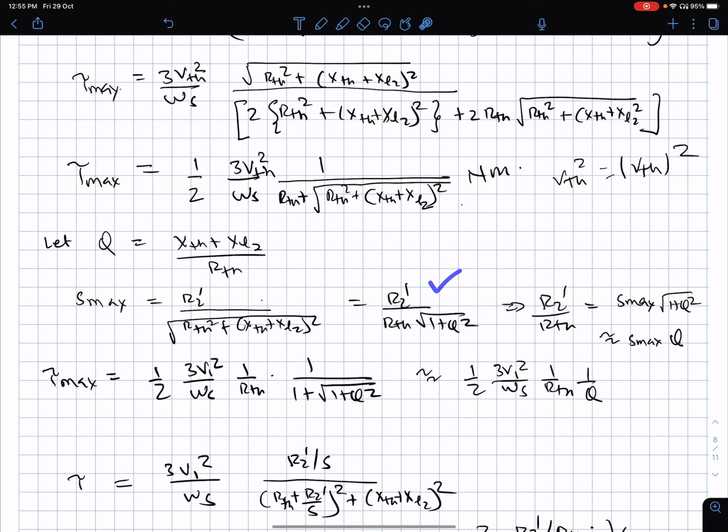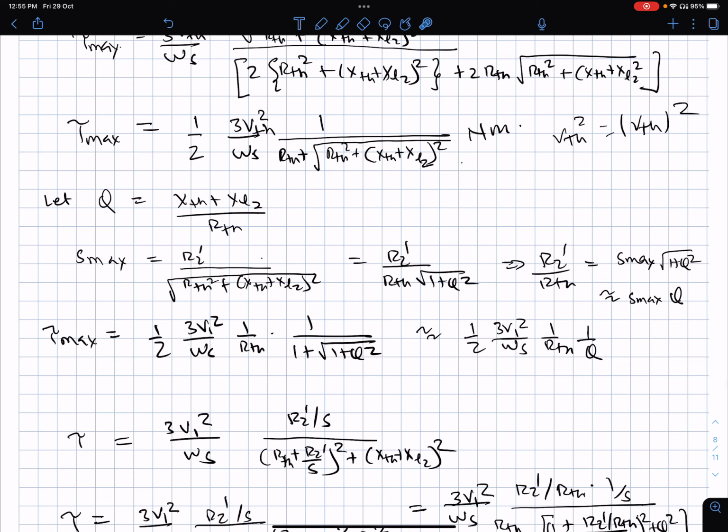So it becomes R2 dash divided by R Thevenin into under root of 1 plus Q square, and this is what S max turns out to be. But what did I do here? One minute. What is my S max? Yeah, this is what it is.